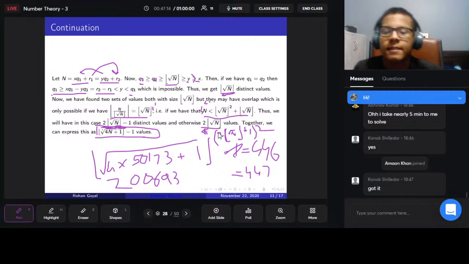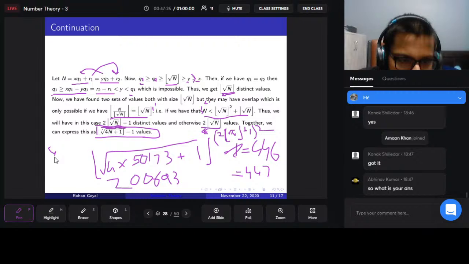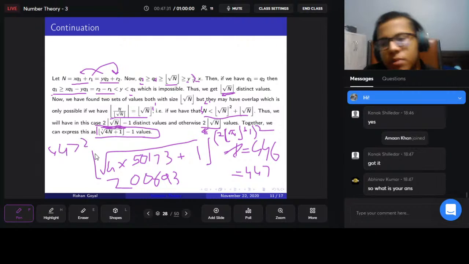I'm not going to root this, come on. Okay, I'll do it, whatever. It's 447, right? 447 squared, let's see, 2025.